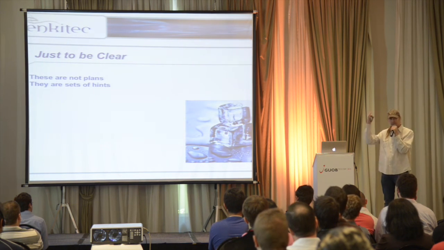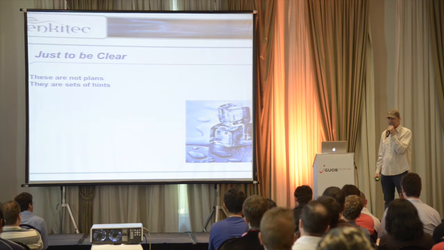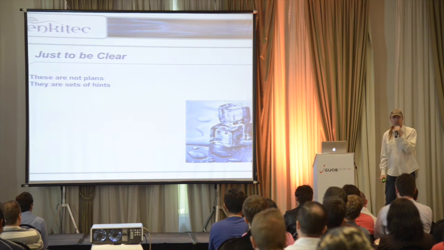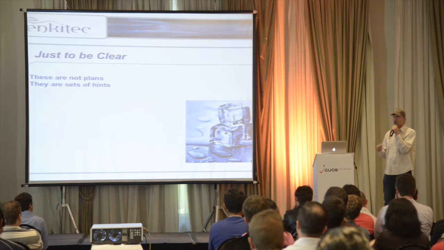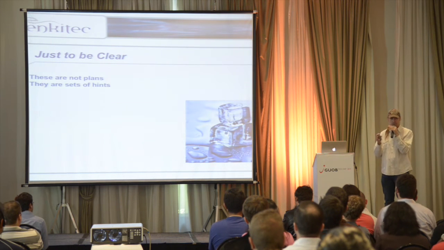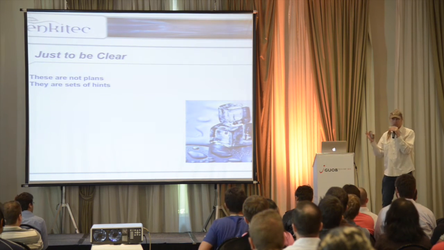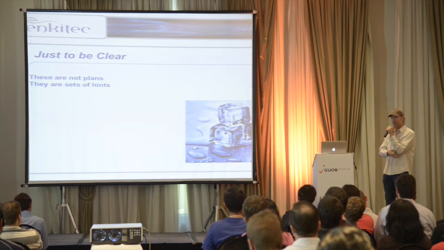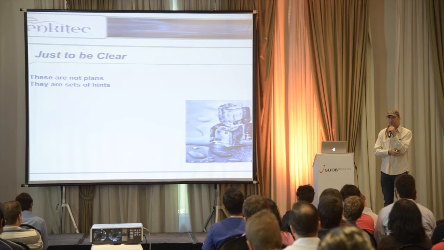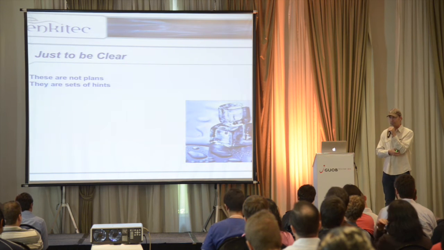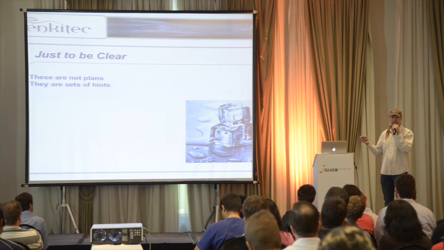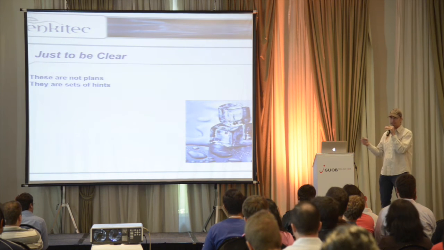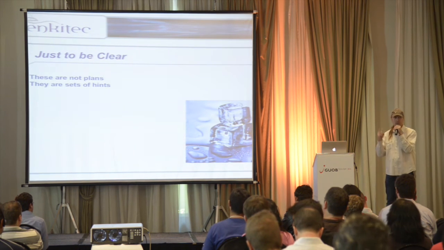But as you can imagine, if you've got a SQL statement that has thousands of lines in it, it's quite possible that the set of hints that Oracle thinks might limit to a single plan may only cut down the choices to a handful or 10 or 100 even. Does that make sense? It's very difficult to come up with a set of hints that will lock a statement that has thousands of lines in it down to a single plan.